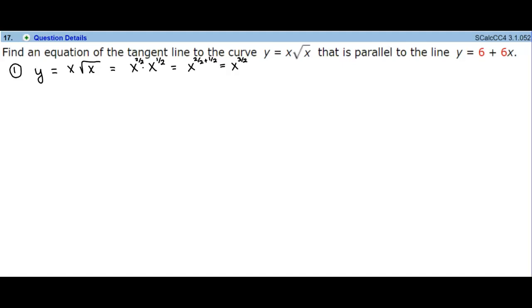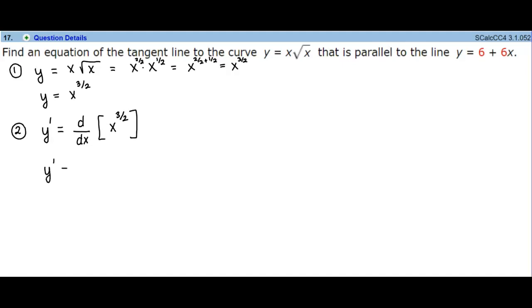Okay, now we're going to use this function y, which is equal to x to the 3/2. Now what we want to do is find the derivative of this function. So we're going to find the derivative with respect to x of x to the 3/2, and that's y prime.